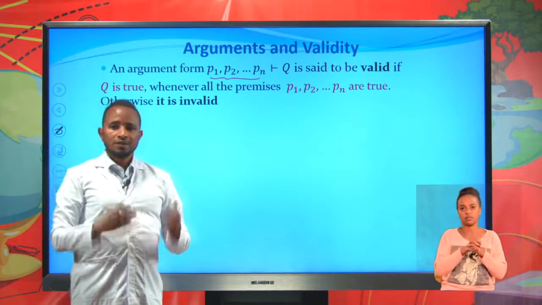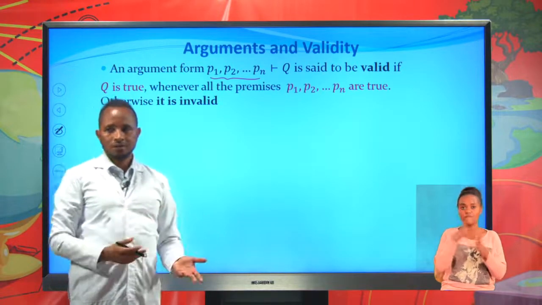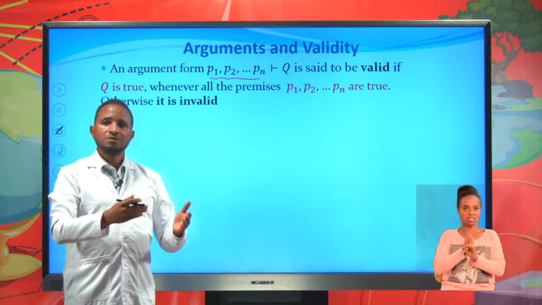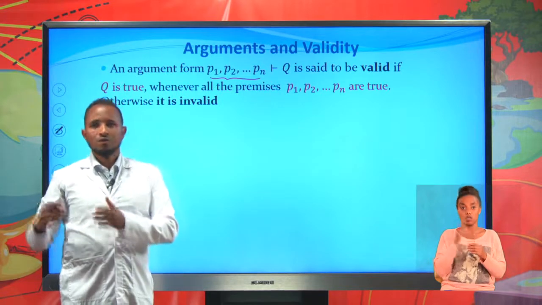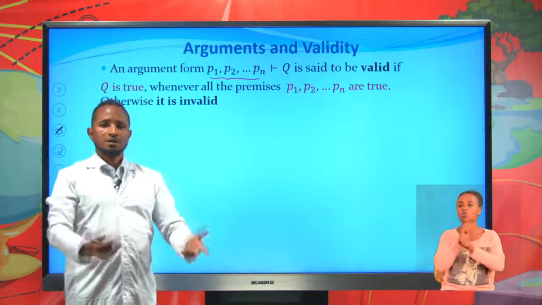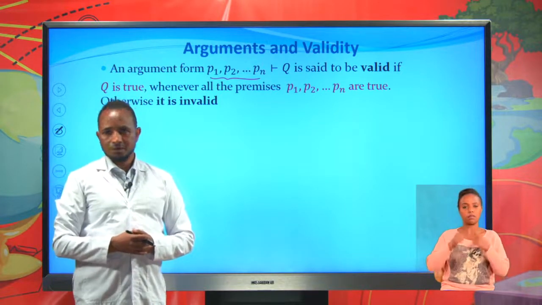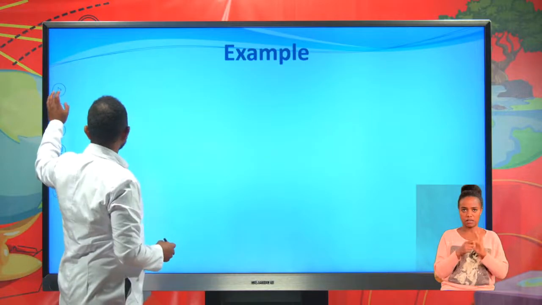So, to test whether a given argument is valid or invalid, first you assume all the premises to be true, and then if you arrive at a true conclusion, the argument becomes valid, otherwise it is invalid. So let's see an example for this.